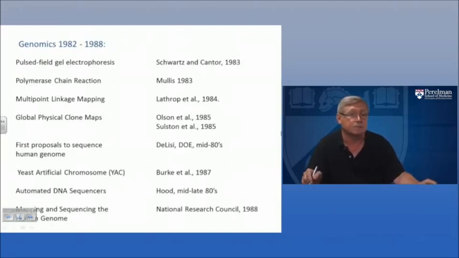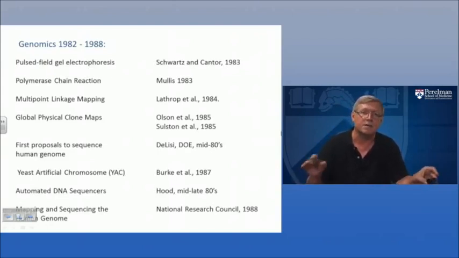The automated DNA sequencers came online in the mid to late 80s. The first ones were developed by Lee Hood and co-workers. The culmination of all these different technologies led to some proposals to map and sequence the human genome, and the National Research Council in 1988 met and thought these concepts through and came up with a concrete proposal.